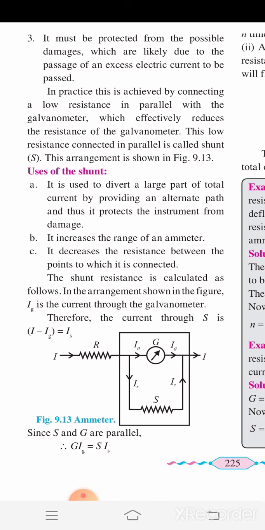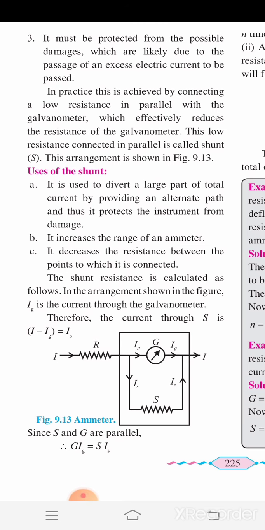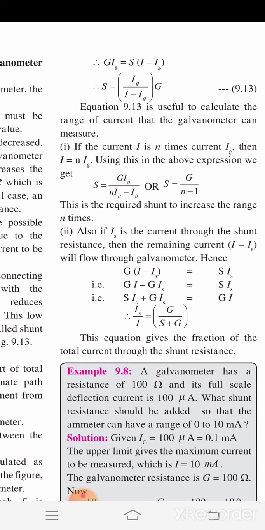Therefore, G Ig is equal to S Is. G Ig is equal to S Is. Therefore, G Ig is equal to S into I minus Ig. Here we put the value of Is as I minus Ig.